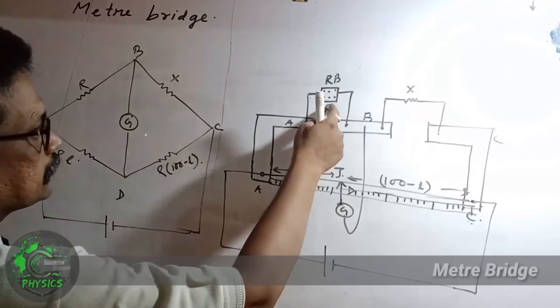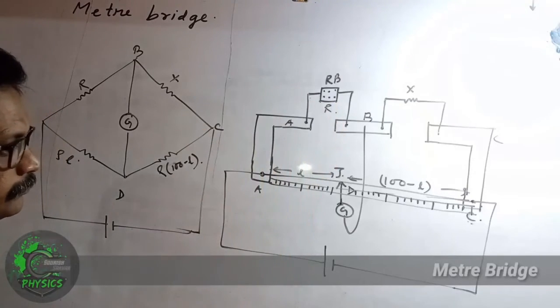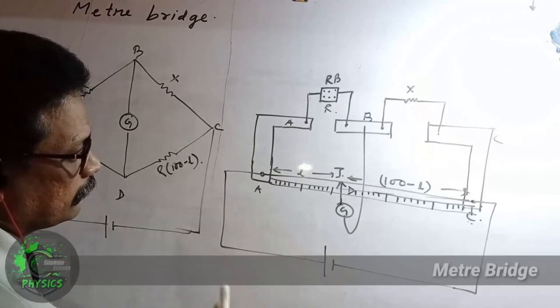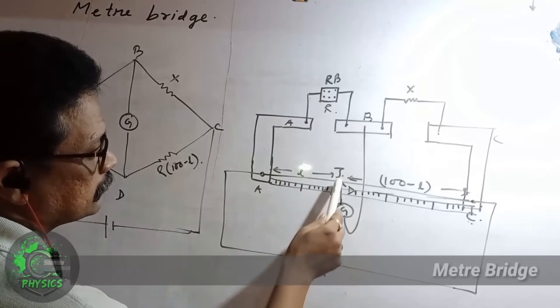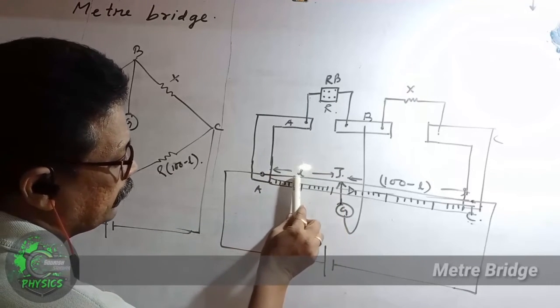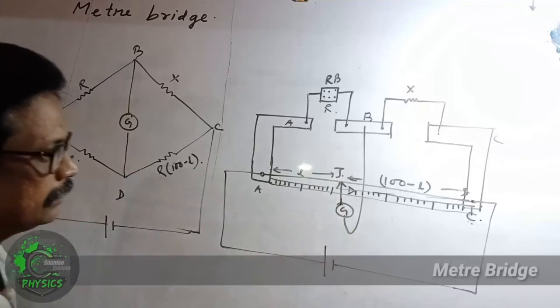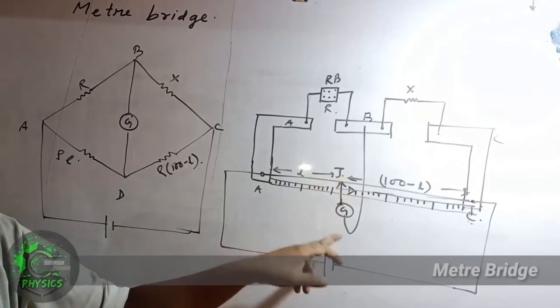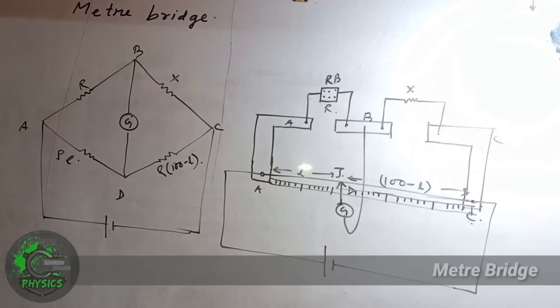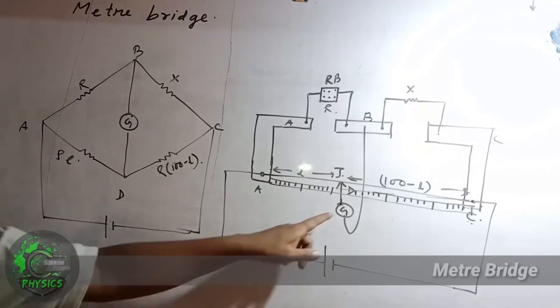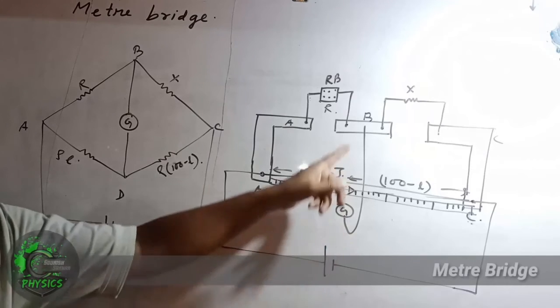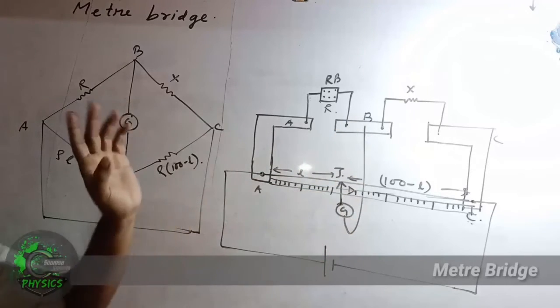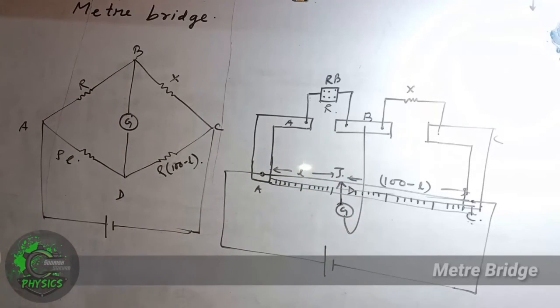Suppose you have fixed this resistance as R, and after switching on the circuit, the jockey is slid on the wire, and when it reaches the point J, let the galvanometer show null deflection. When the galvanometer shows null deflection, it means along BD no current is flowing, and we know that is called a balanced Wheatstone bridge.